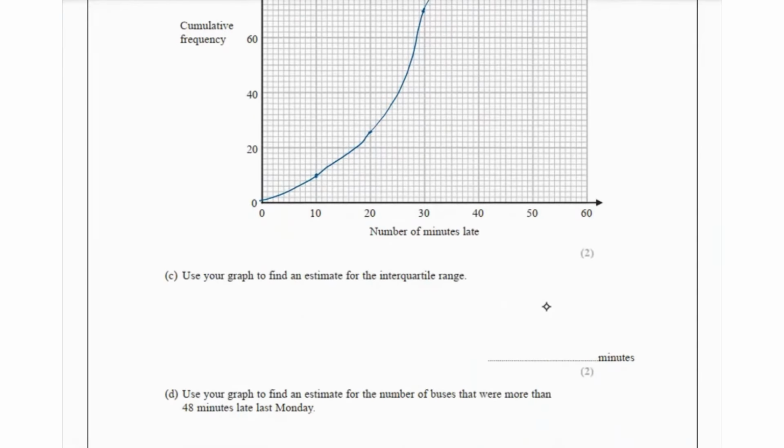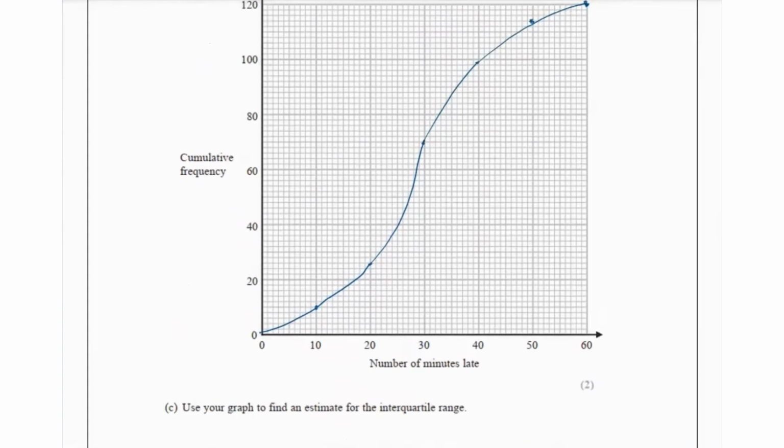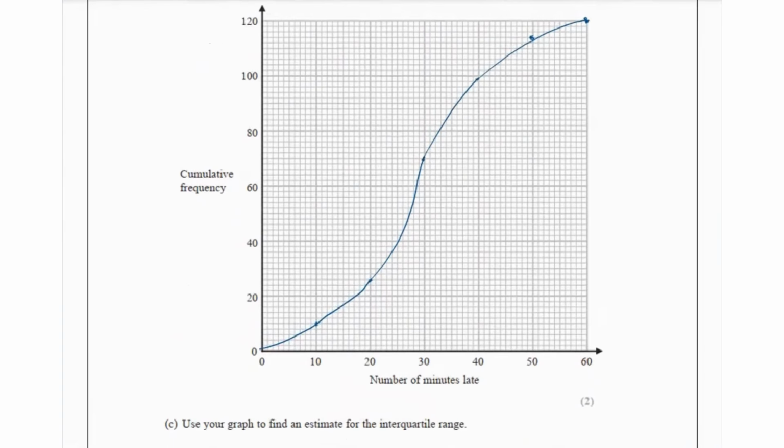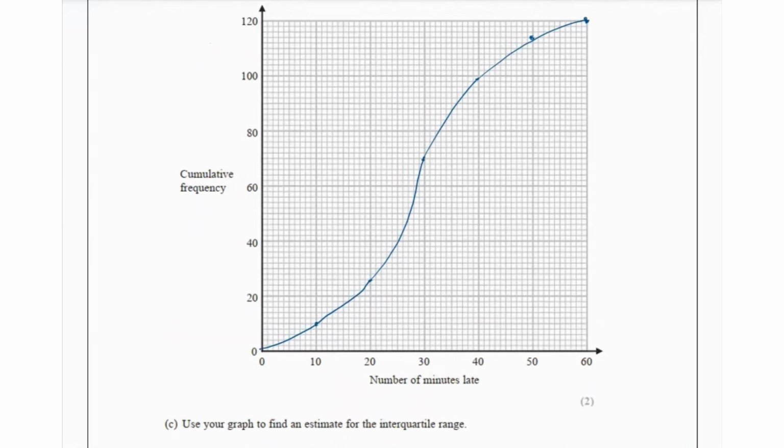Use your graph to find an estimate for the interquartile range. So for the interquartile range, we need the upper quartile and the lower quartile. So for the upper quartile, we find 3/4 of 120, which is 90. And for the lower quartile, we find 1/4 of 120, which is 30.